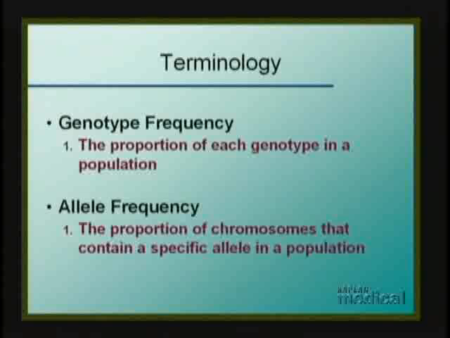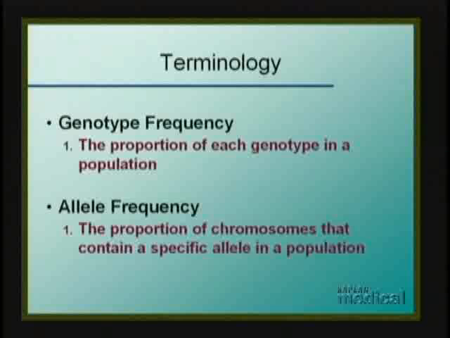So, we would talk about people with three possible different genotypes. The term genotype frequency would refer to what fraction or what percentage of the whole population is found within each genotype. What fraction of a population is homozygous normal? What fraction of a population is affected by the disease? That's genotype frequency.